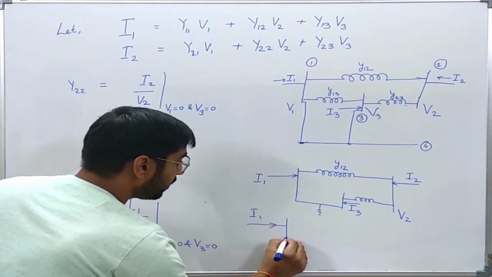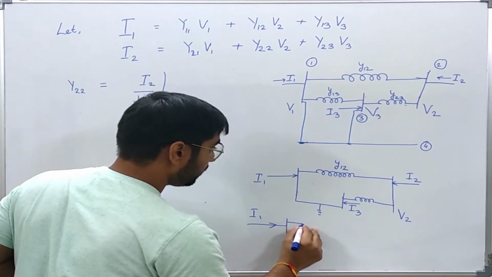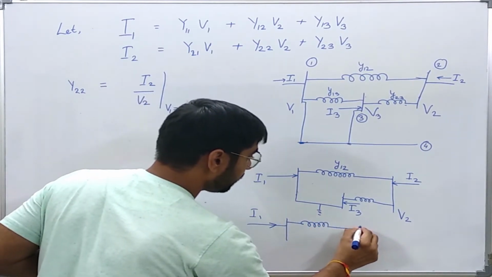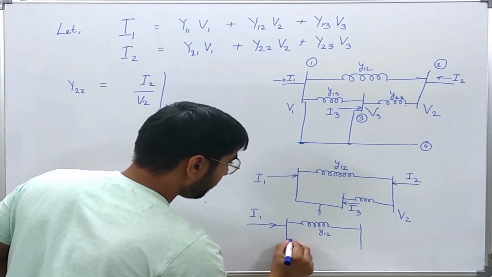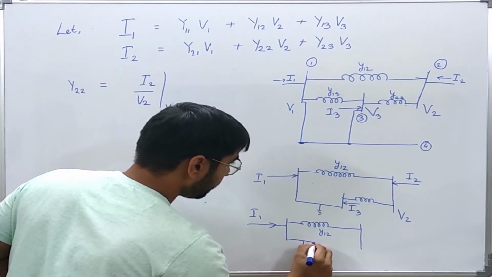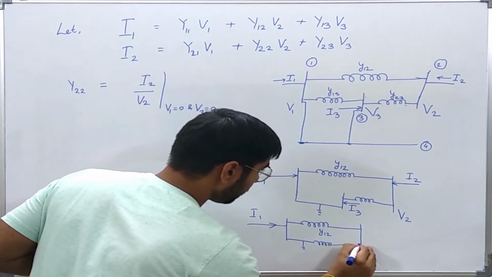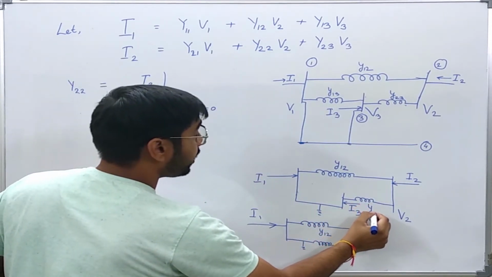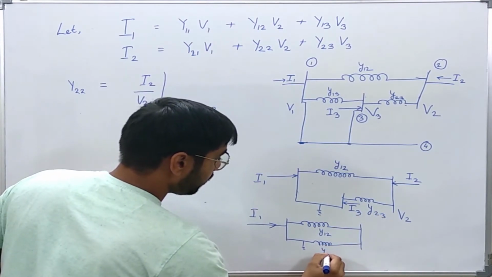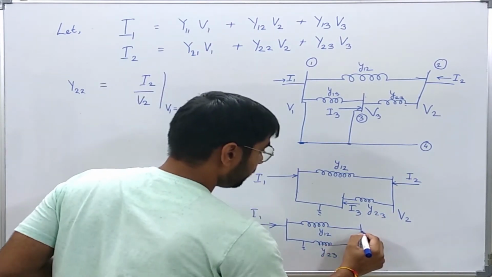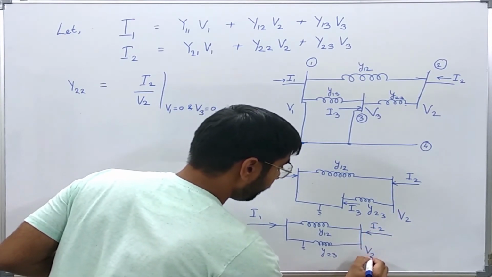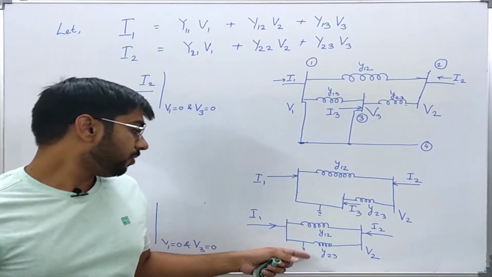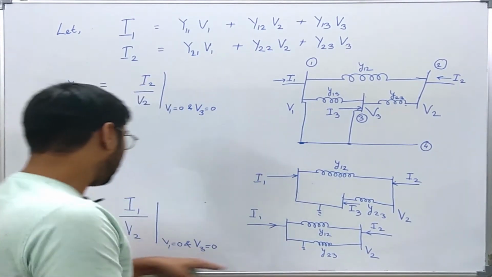I1, Y12, this is Y23, I2, V2. Now from this network I will try to calculate this ratio in the next slide.